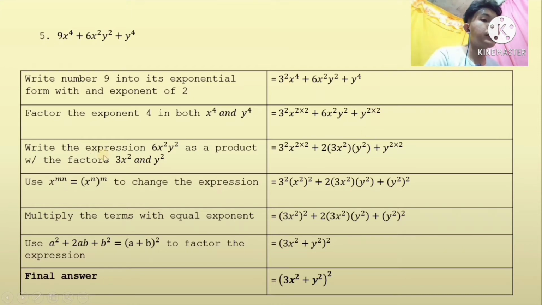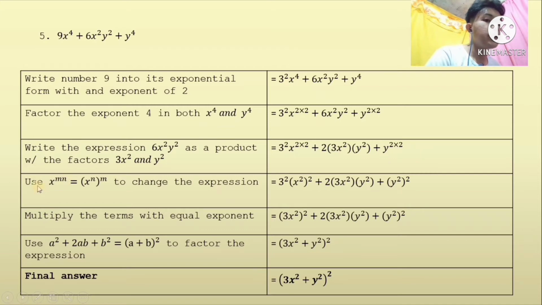Then write the expression 6x squared y squared as a product with the factors 2, 3x squared, and y squared. So our equation will be 3 squared times x raised to 2 times 2 plus 2 times 3x squared times y squared plus y raised to 2 times 2.